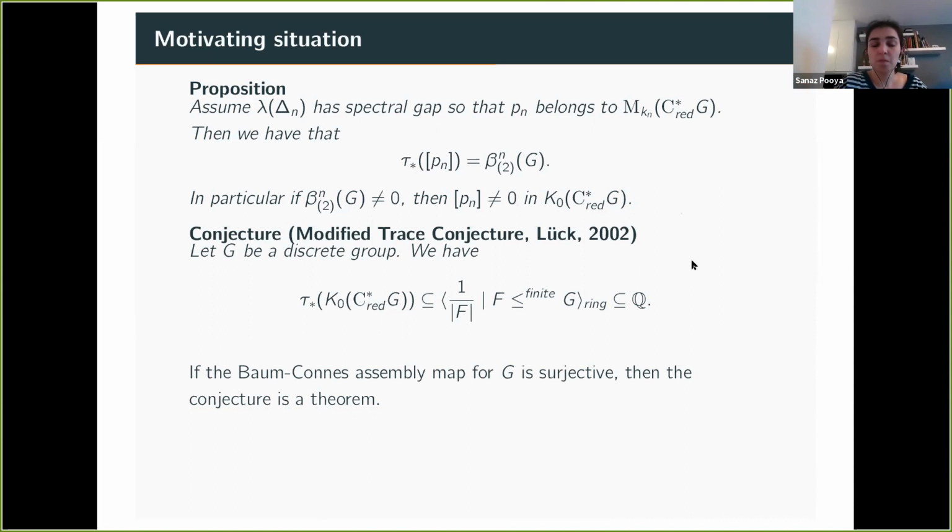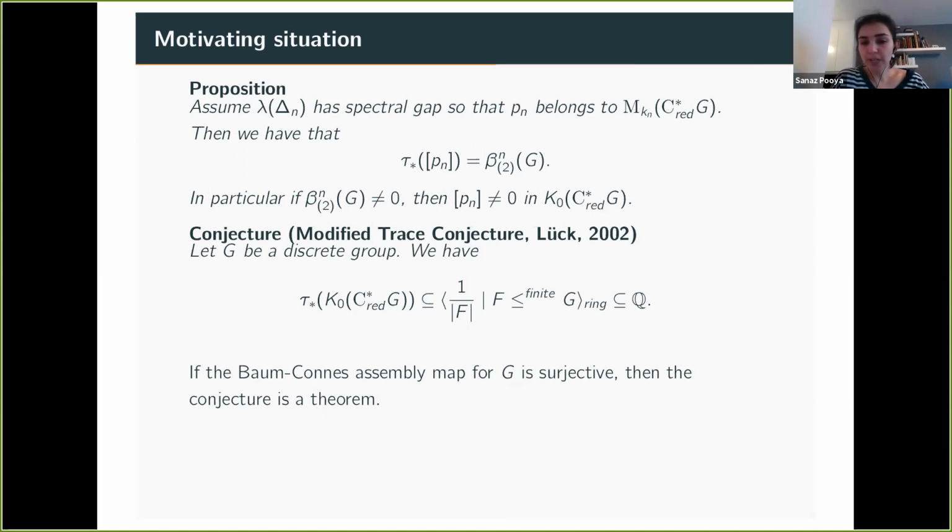The modified trace conjecture formulated by Wolfgang Lück says that for any group G, the image of the canonical trace on the K-theory of the reduced group C-star algebra of G lies inside the ring generated by the inverses of the orders of the finite subgroups of G.